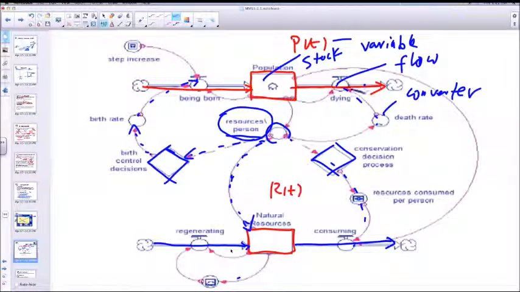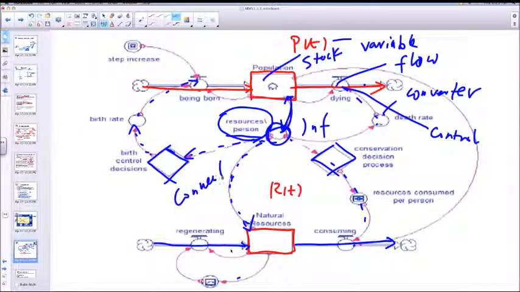And the valve here, this is the switch, we call it control, basically. And the converter, those are information, like your eye watches the water flowing, and you turn off the switch. That's where you have the information. And the last one, those lines, like this line, are the information flow. We call it a connector.